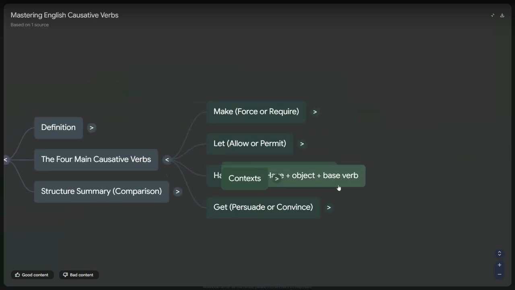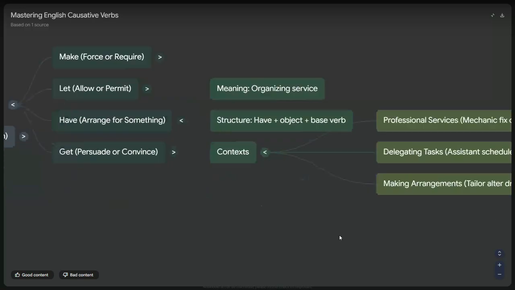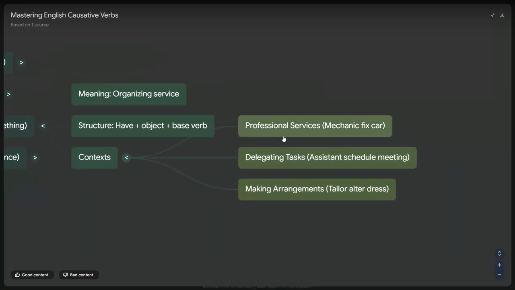Third one is have. For have I have given the examples in the chat box. The meaning is organizing or giving an organizing service, or you can say arranging. The structure is have, object, base verb. The context can be professional service, like a mechanic fixing your car, a plumber fixing your pipes, a serviceman doing service of your AC.